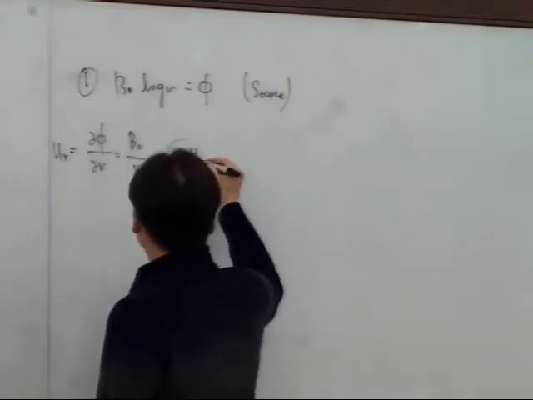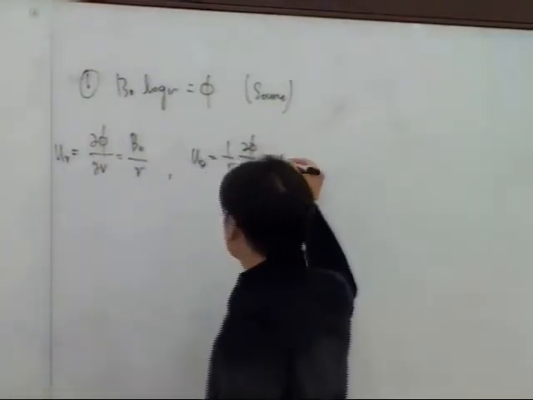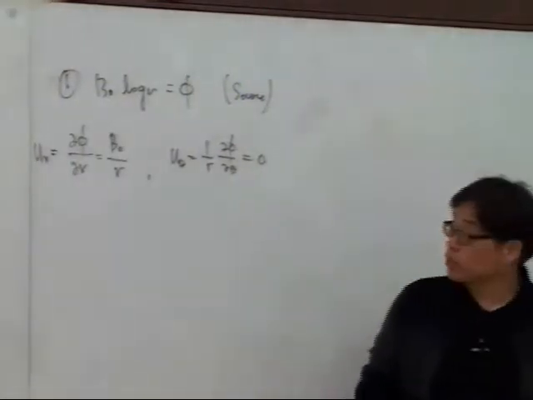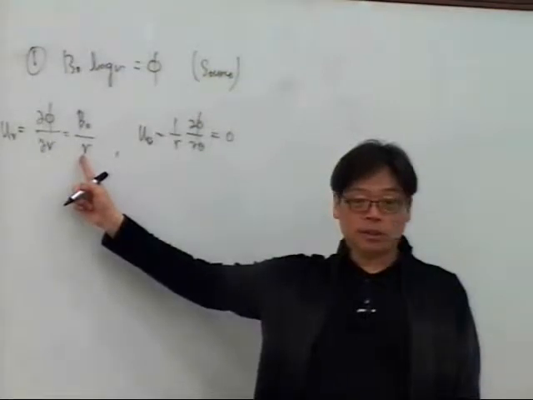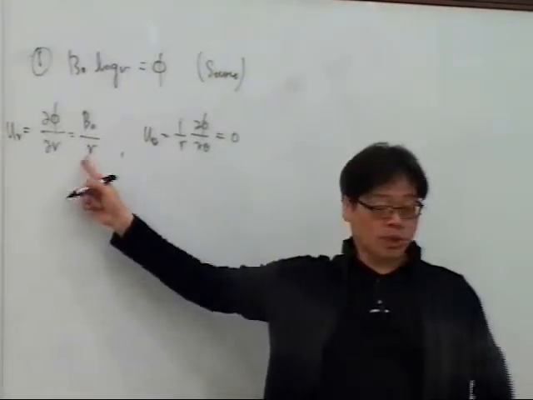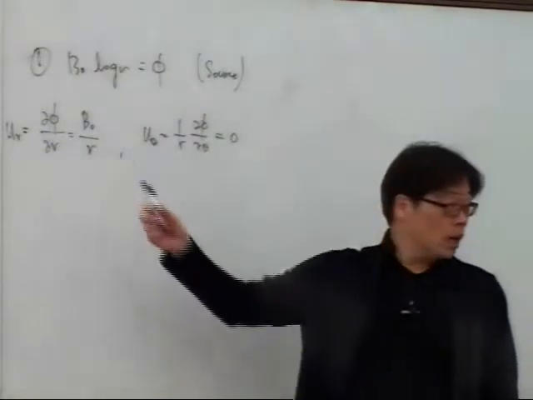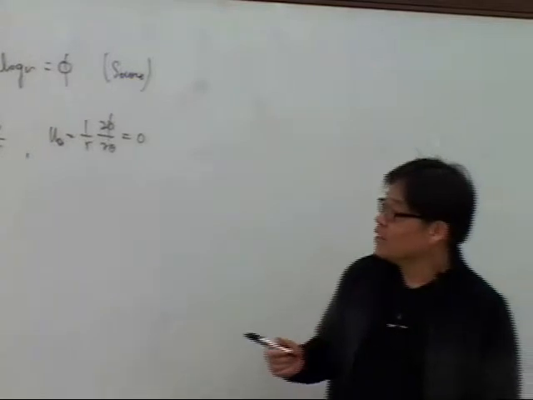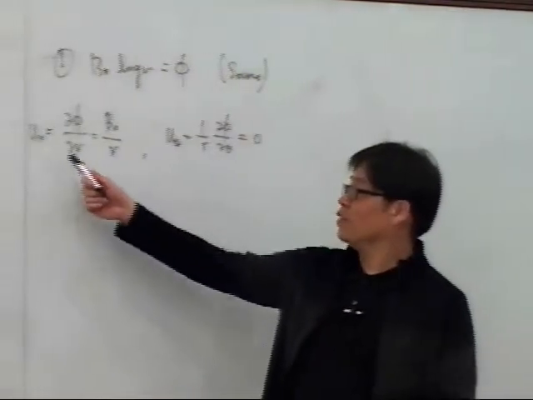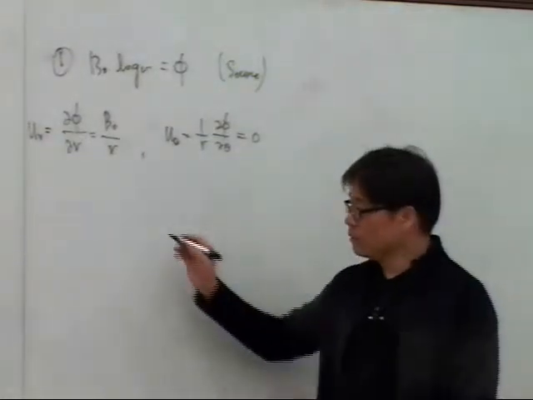The tangential velocity is given by d phi d theta, and this is identically 0. Meaning that we have a radial velocity which decays like 1 over r. So as you move away from the origin, the velocity decays.